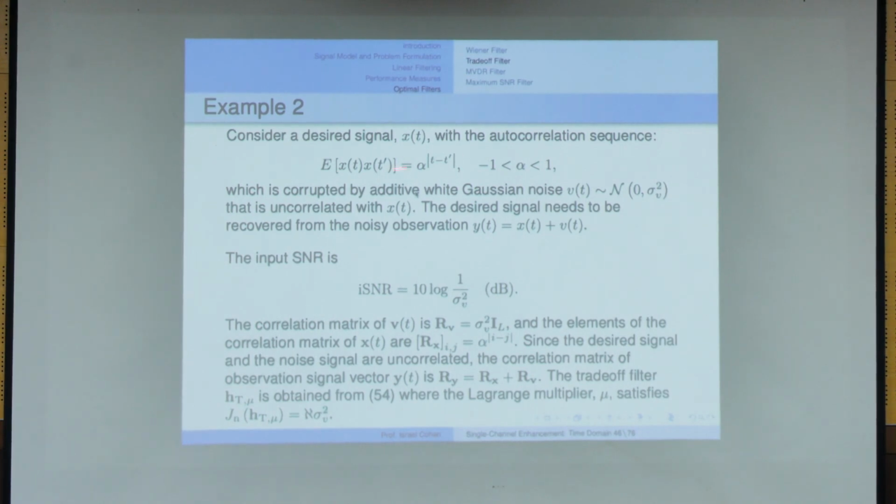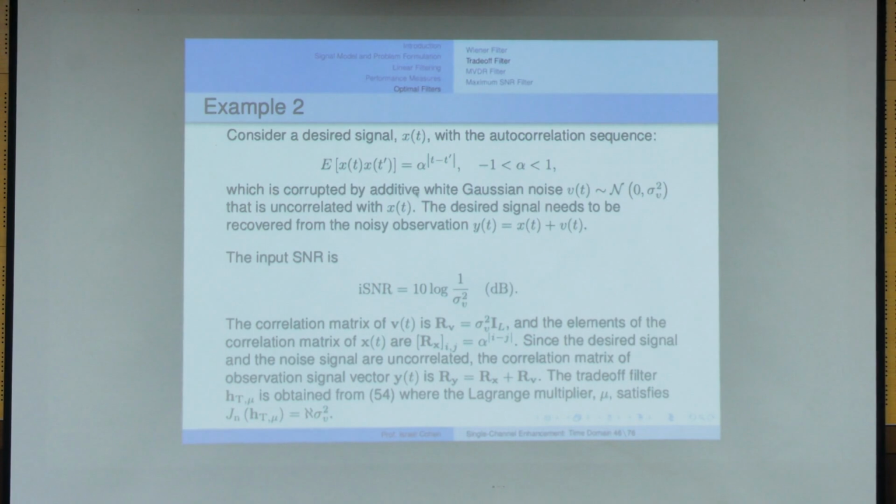Okay, so we have the correlation. If the distance between the samples is large, the correlation becomes smaller. And also we see that alpha can be negative.